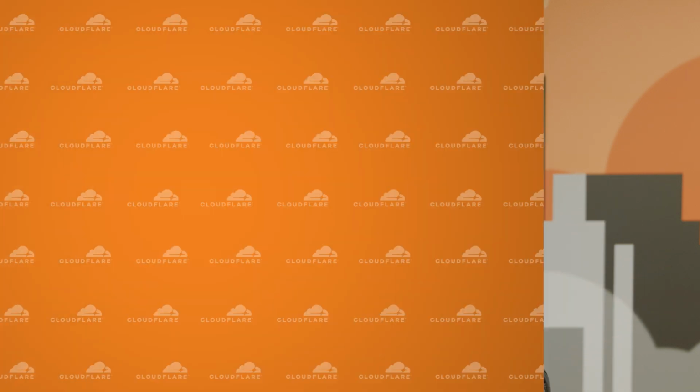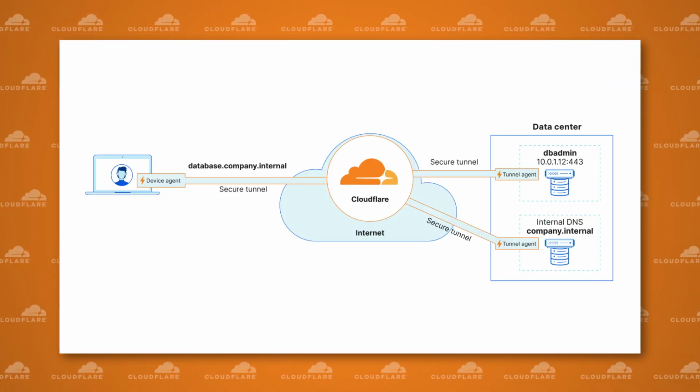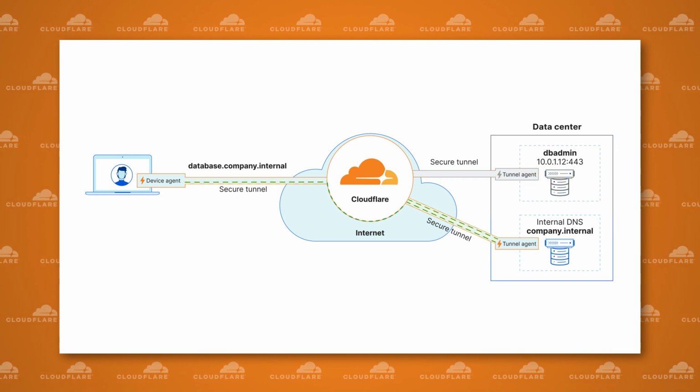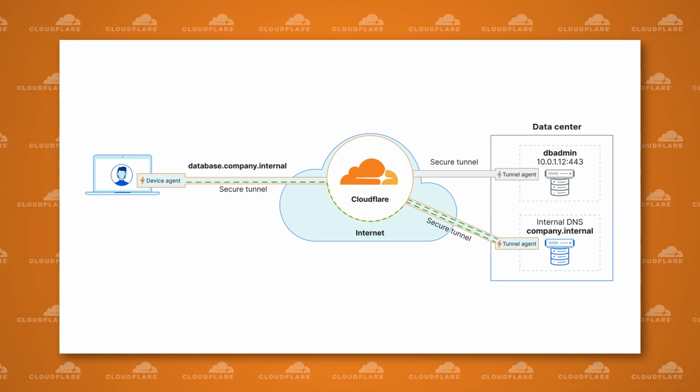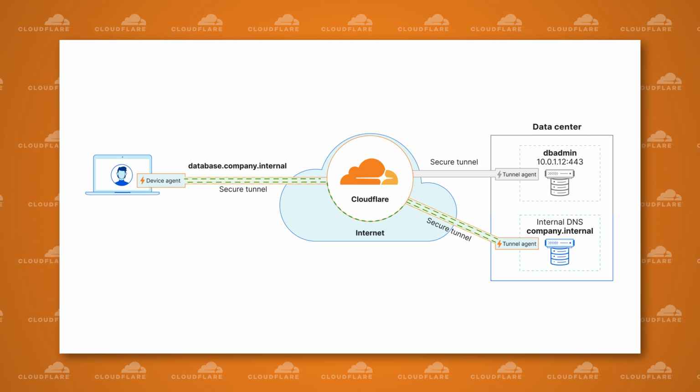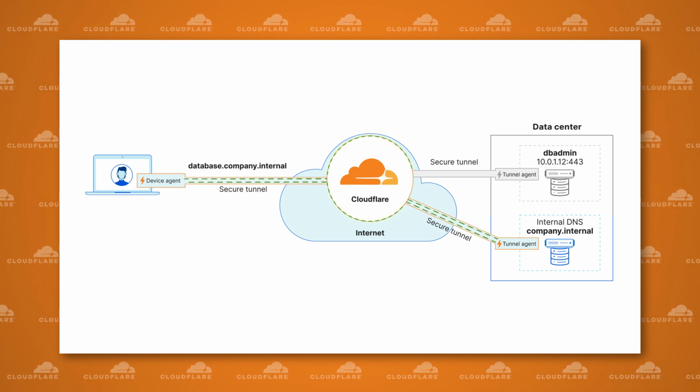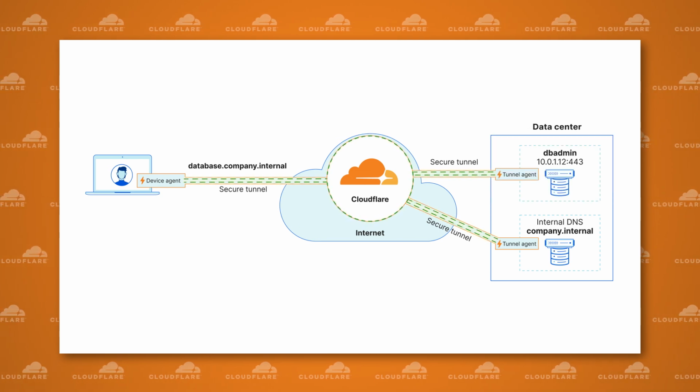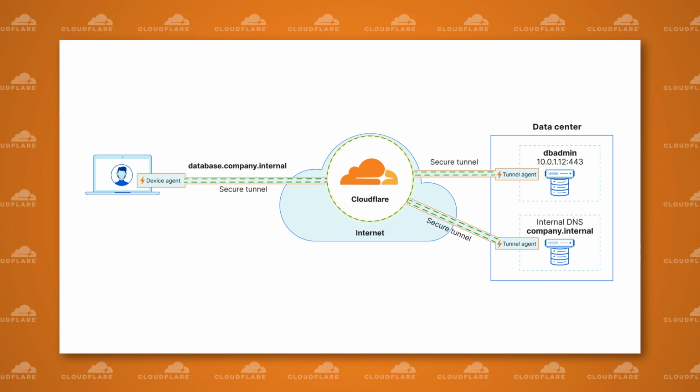But the agent can actually provide information about the security posture of the device, and we'll talk about that later when we look at the policy itself. So once the user device is connected to Cloudflare, requests for private applications are resolved using the internal DNS service, and traffic is routed from the device through Cloudflare, through secure tunnels, down to the private IP the application is running on. Now we have secured connectivity all the way from the device to the server.